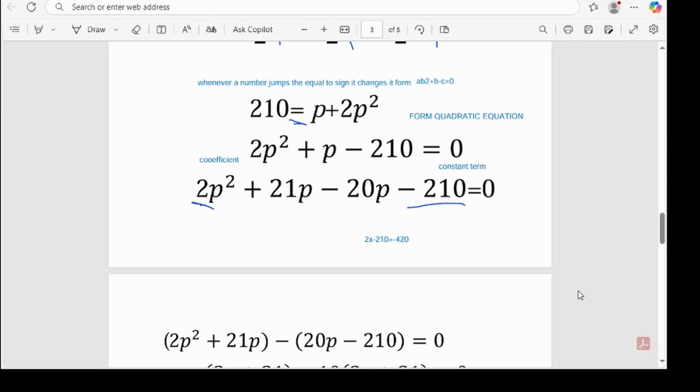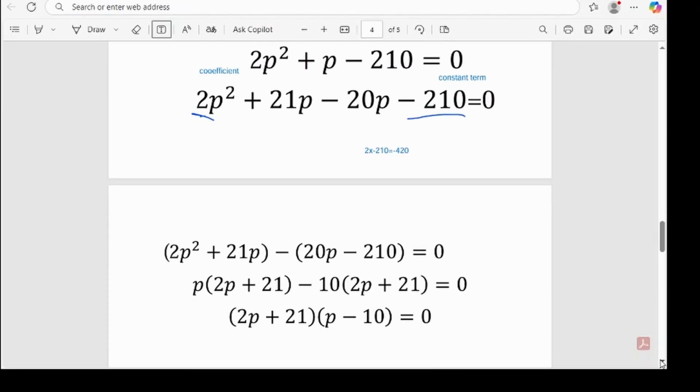So let's move on in solving the quadratic equation. 2 multiplying negative 210 is equal to negative 420, right? So we find two numbers that multiply to negative 420 and add to the middle coefficient, which is p, giving us the number 1.